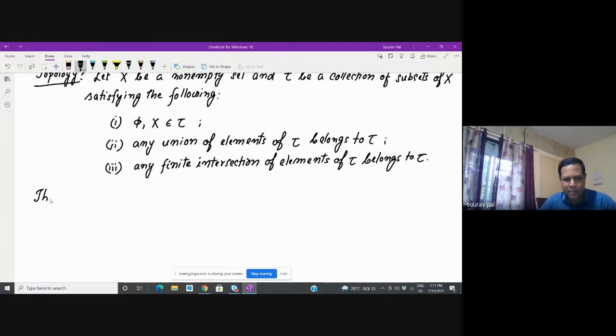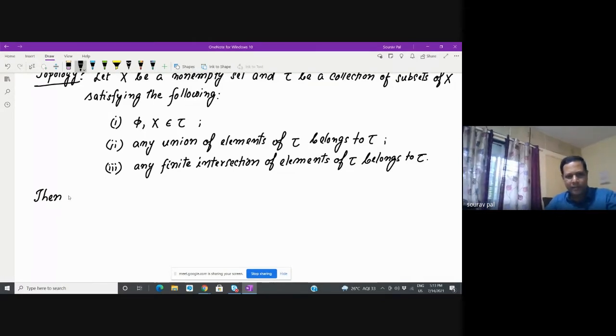Then, as I said, we say that tau is a topology on X, and this (X, tau) is a topological space.